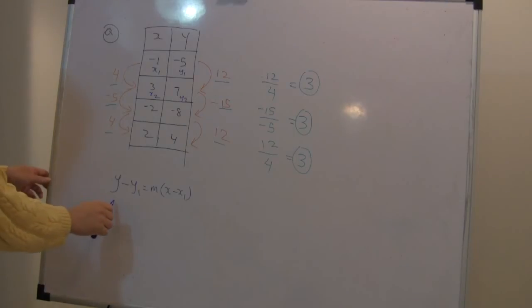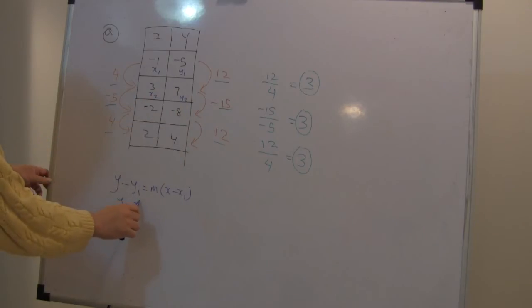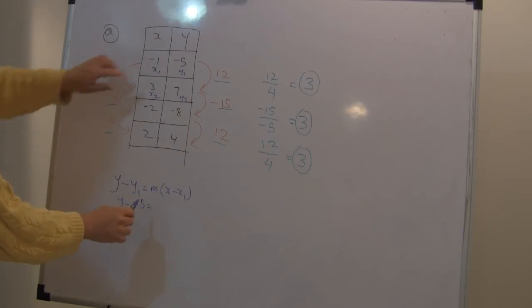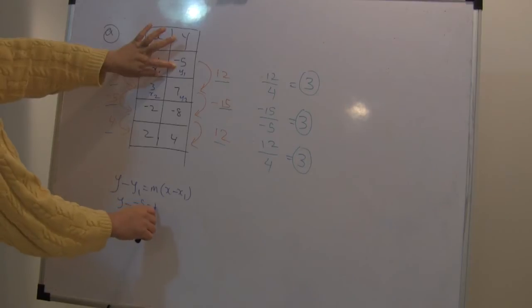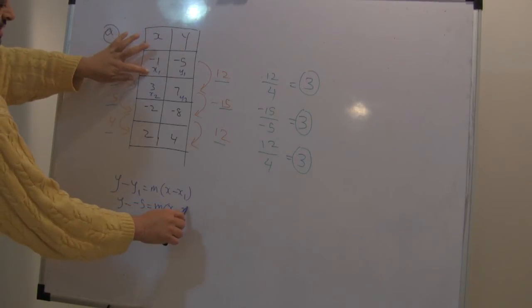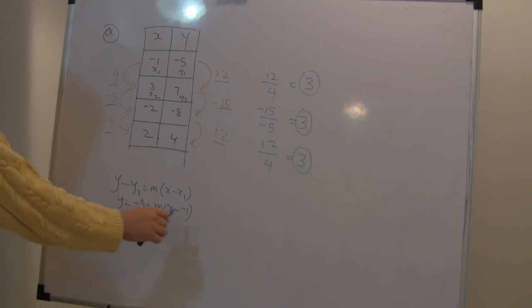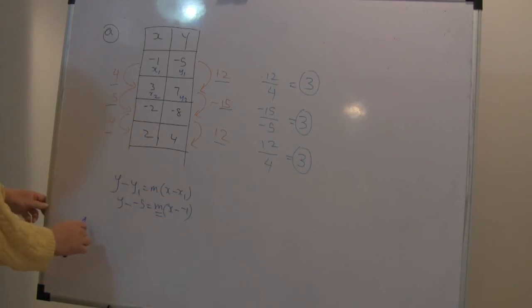So y minus y1, which is negative 5, equals m times x minus x1, which is negative 1. So what is m? m is the slope. So how do you find the slope? Let's find the slope.